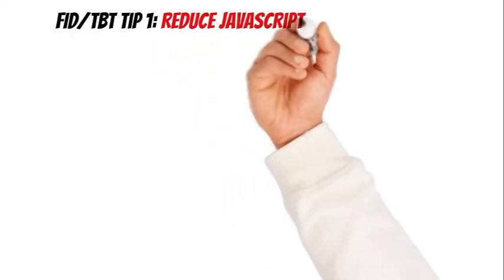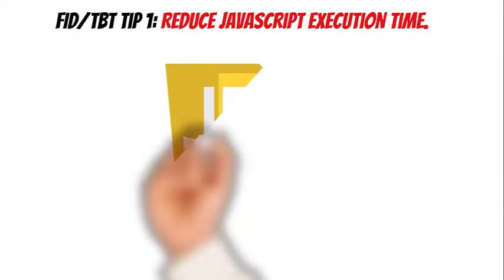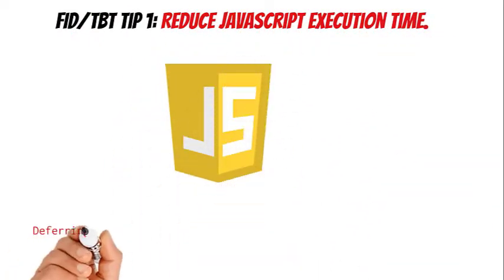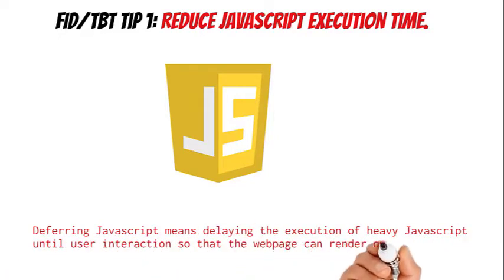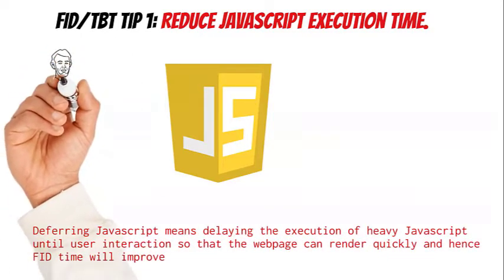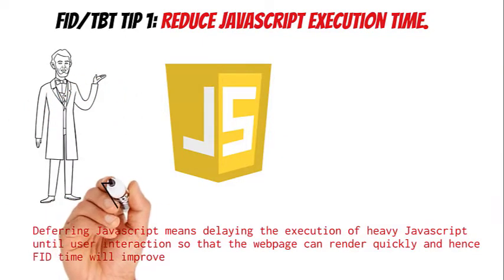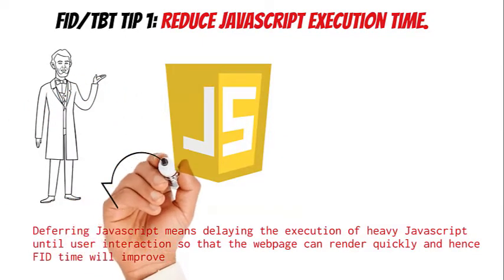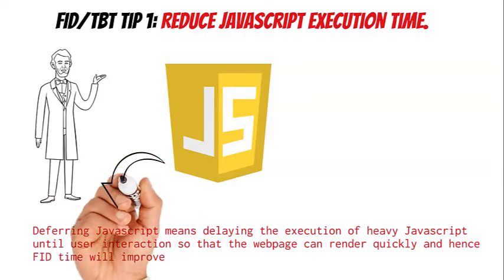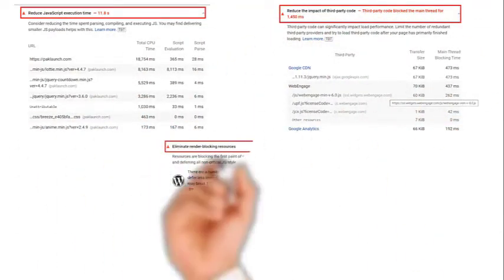Tip number 1. Reduce JavaScript execution time. By deferring heavy JavaScript which blocks the rendering of other elements of a web page, the browser will have enough time to respond to user interactions quickly. This way the First Input Delay or FID score of the web page will improve in no time. So to defer the JavaScripts that affect the FID score, first you have to find them via the PageSpeed Insights tool.